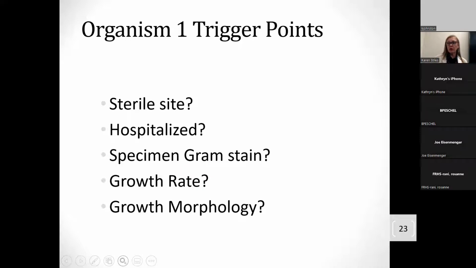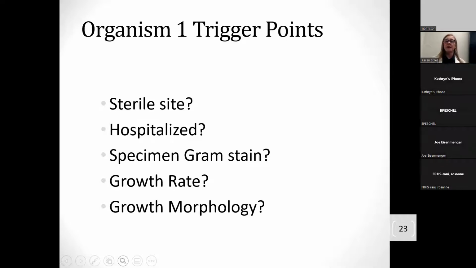All right, so just in the few minutes that we've been talking about it, the organism, the trigger points, we don't know. Well, we know it's a sterile site, but we don't know if the patient's hospitalized. That is information it would be interesting to dig out, to talk to the physician. If you're not able to rule the organism out, you're going to have to talk to your physician anyway.